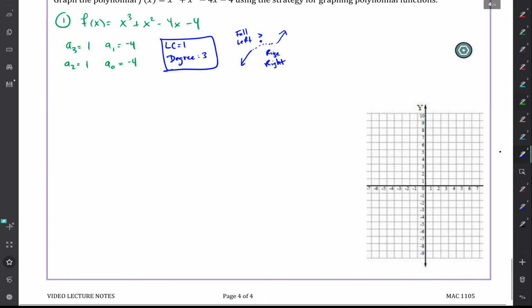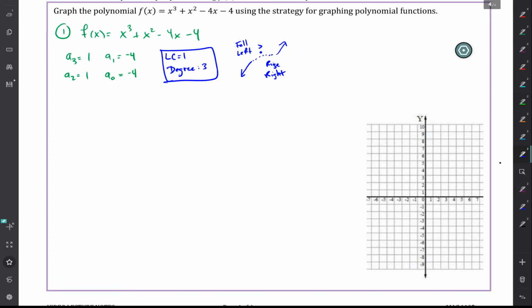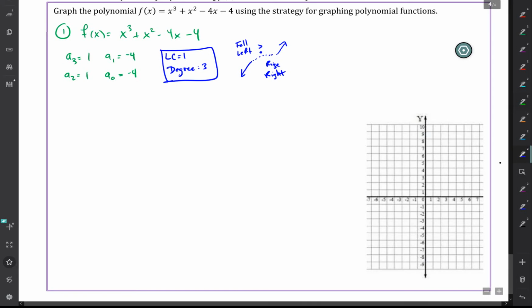Okay. So step 2 is to find the x-intercepts by factoring. So next we're going to find x-intercepts. We have f of x, we set it equal to 0, and we have x cubed plus x squared minus 4x minus 4.